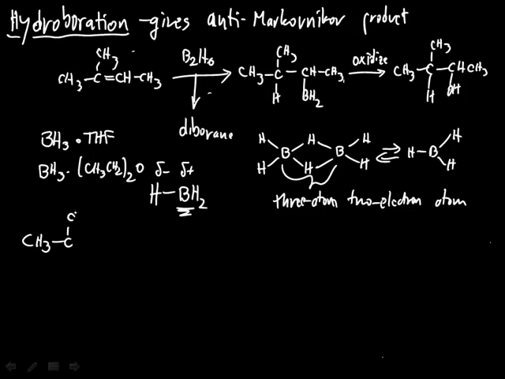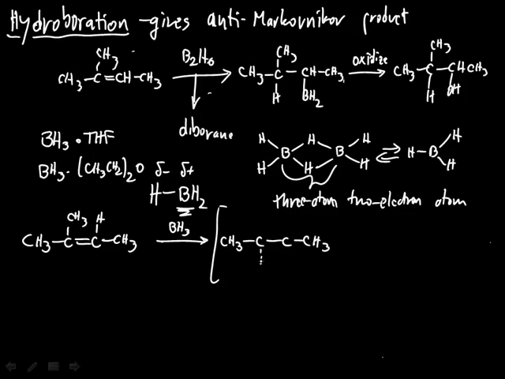So now if we look at the mechanism of this reaction, which involves boron's coordination to the double bond and the formation of this four-membered ring structure where all bonds are part formed and part broken.